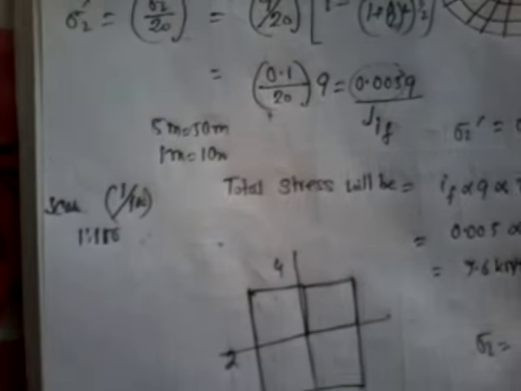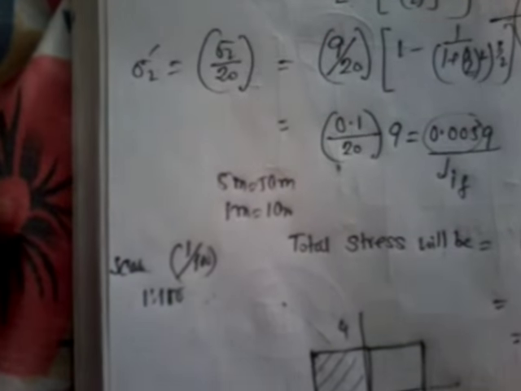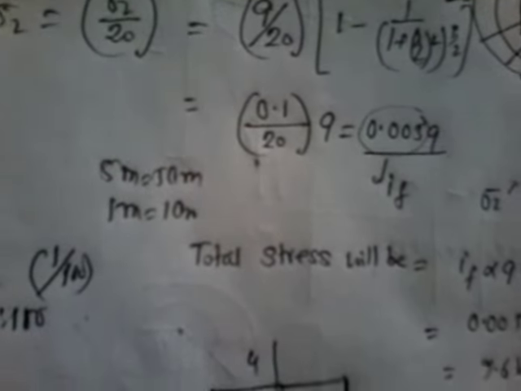From the Boussinesq equation we know that sigma z equals 3Q by 2 pi, where Q is the actual point load. Here it is a distributed load, so we convert it to a point load. For one segment, q is 80 kilonewton per meter square.